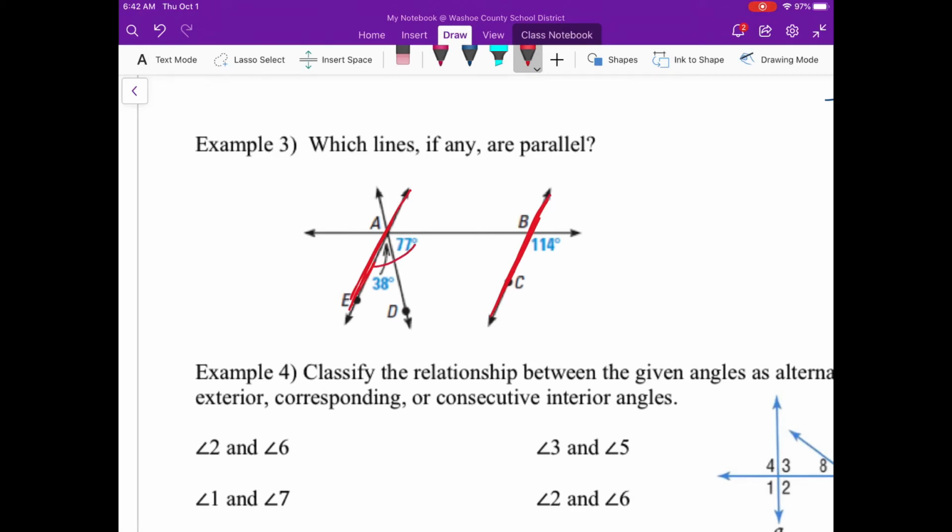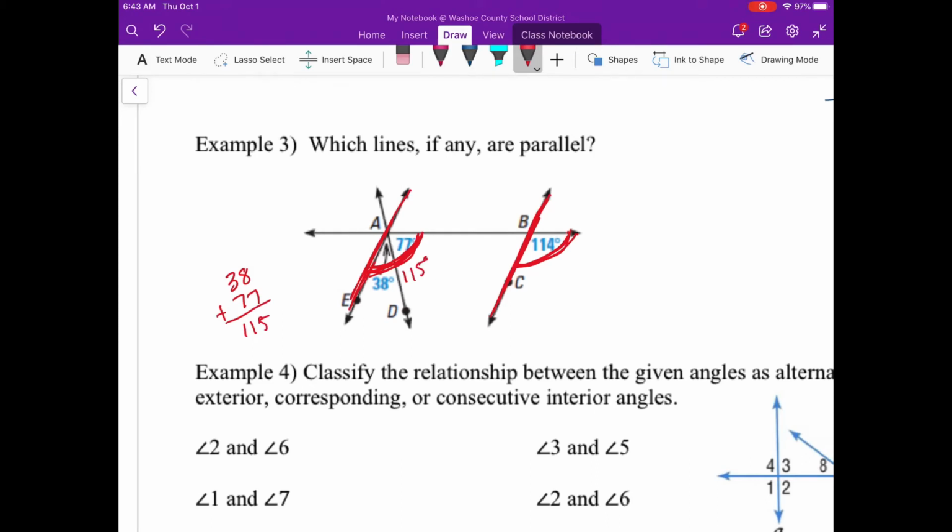So in order for these to be parallel, my corresponding angles, this angle and this angle, should be congruent because that is one of the rules that we just learned about. So I need to figure out if 38 plus 70 here is the same as 114. When I add up 38 plus 77, I end up with 115.